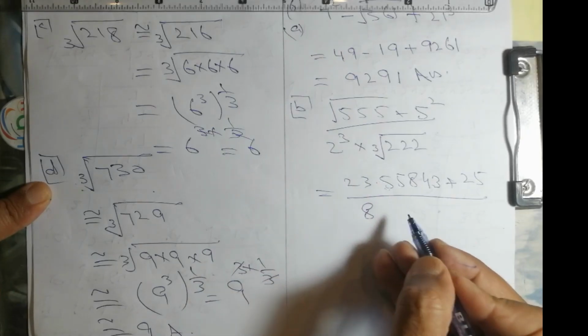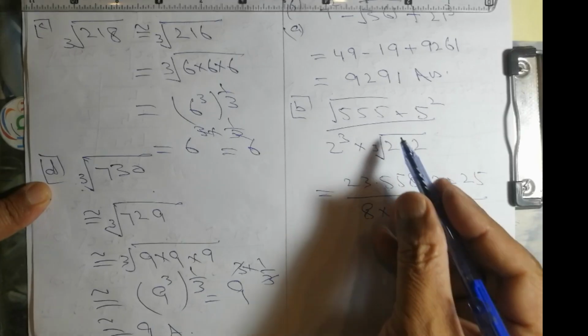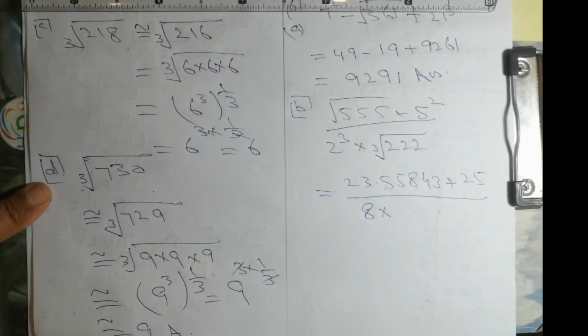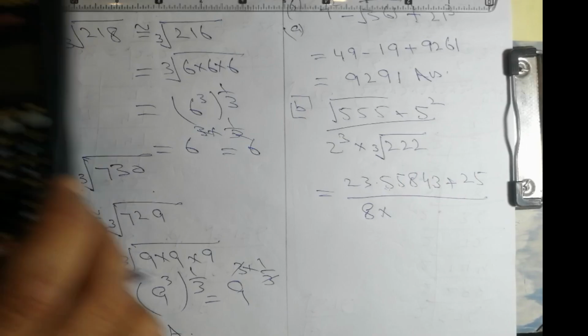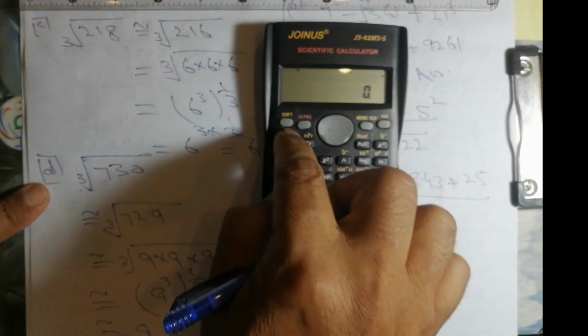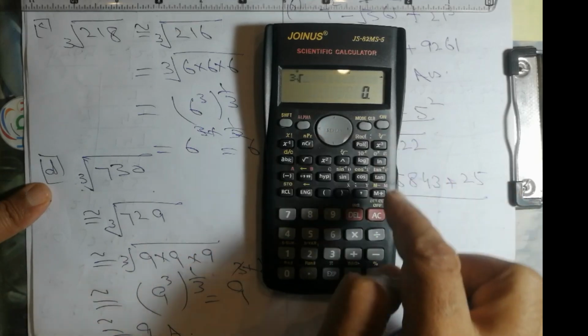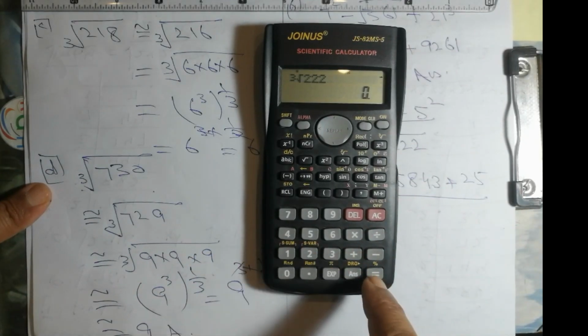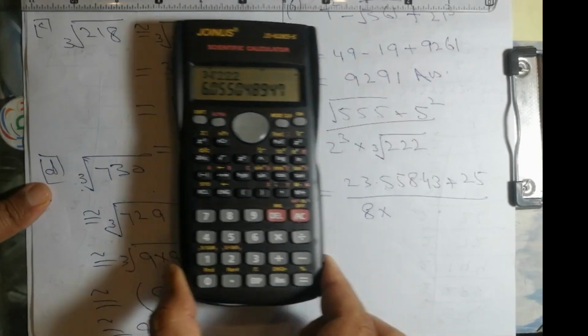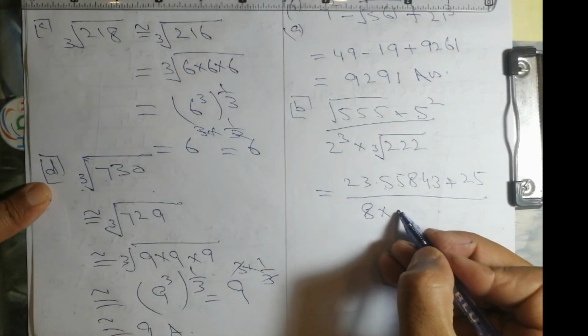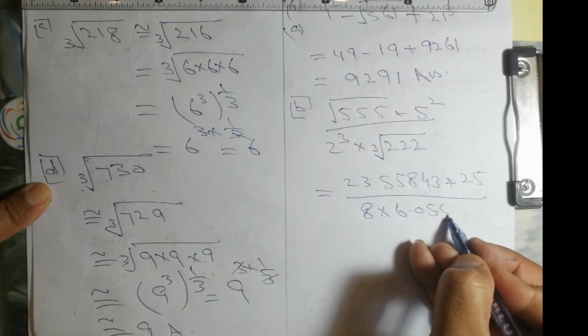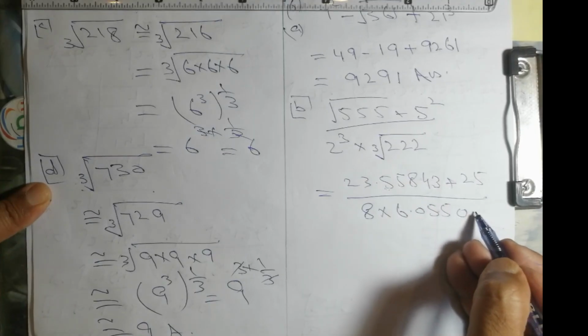This is 8, and with the help of calculator, if we take the cube root of 222, that is a shift cube root, that is equal to 6.0550, 6.05504.